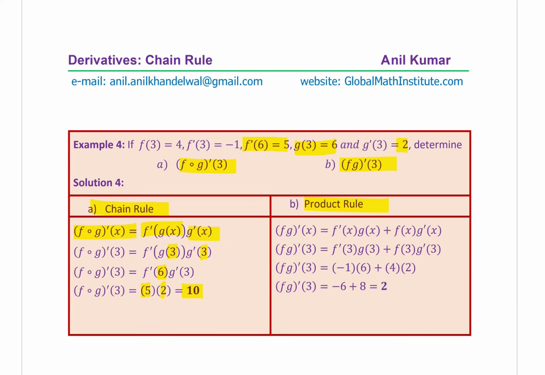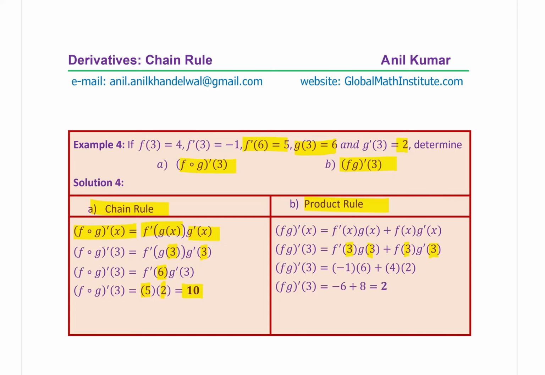Perfect. Now let's take the other one, which is basically a product rule. That means the derivative of the first times the second plus the first times the derivative of the second. So written at x equals 3: derivative of the first at 3 times the value of the second function at 3, plus the value of the first function at 3 times the derivative of the second at 3.